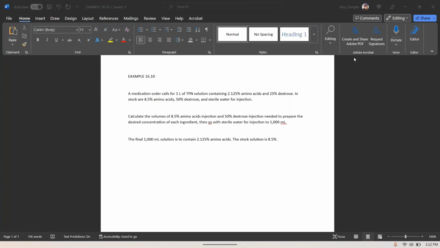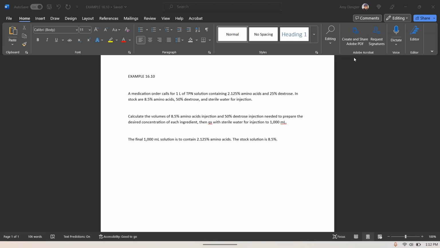Medication order calls for 1 liter of TPN solution containing 2.125% amino acids and 25% dextrose. In stock are 8.5% amino acids, 50% dextrose, and sterile water for injection. Calculate the volumes of 8.5% amino acids injection and 50% dextrose injection needed to prepare the desired concentration of each ingredient.